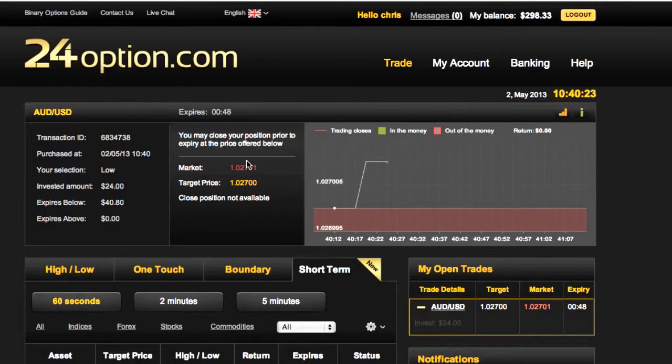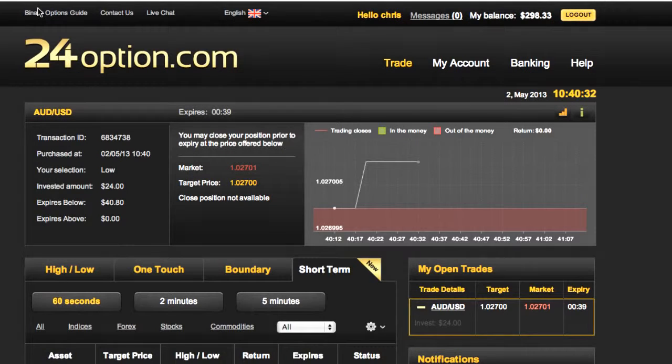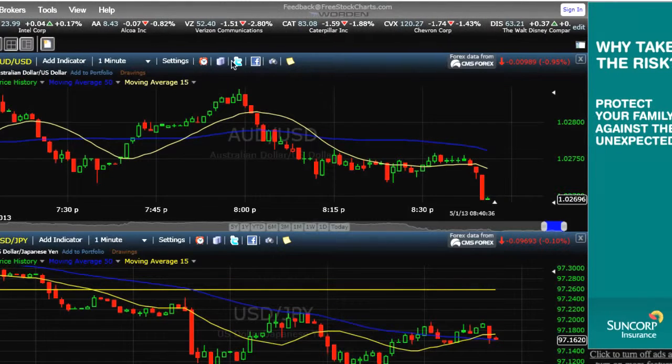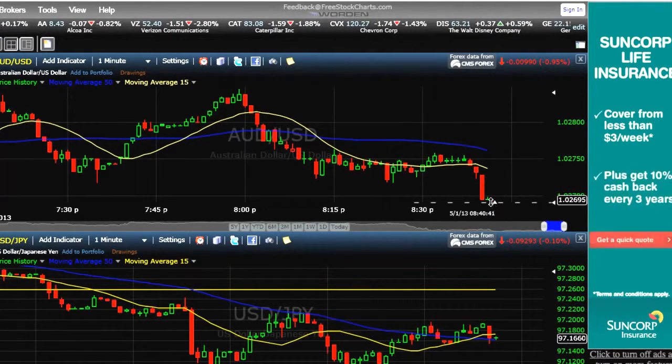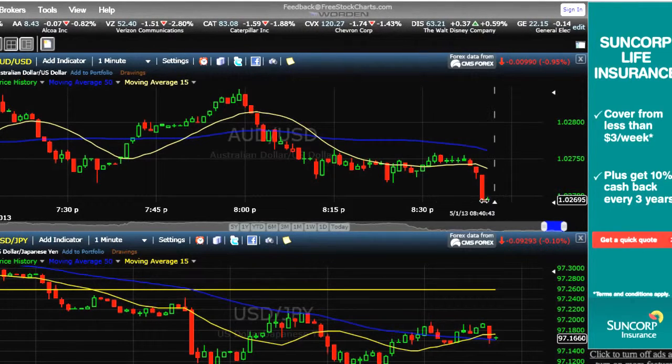So based on this outcome, we'll trade again, or we might wait a bit to see if the trend is actually going down. See, I might have actually got in a bit late here, but it looks like the trend is actually going down. It's going back up.